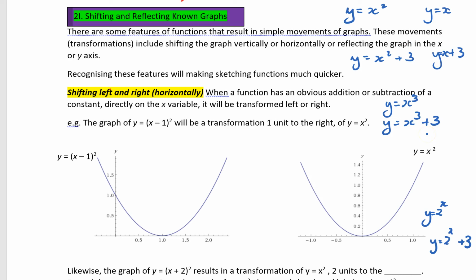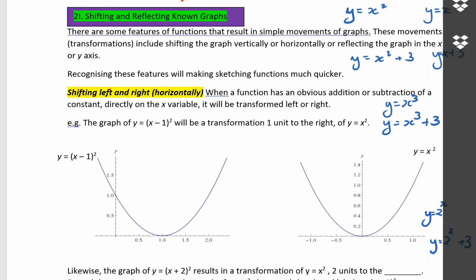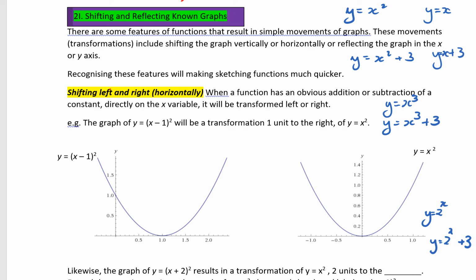Now, some of the changes are as simple as what happens when we start with y is equal to x and we simply look at the impact of putting a negative in front. Or y is equal to x squared and we look at putting a negative in front of it. Or y is equal to x cubed and putting a negative in front of it.